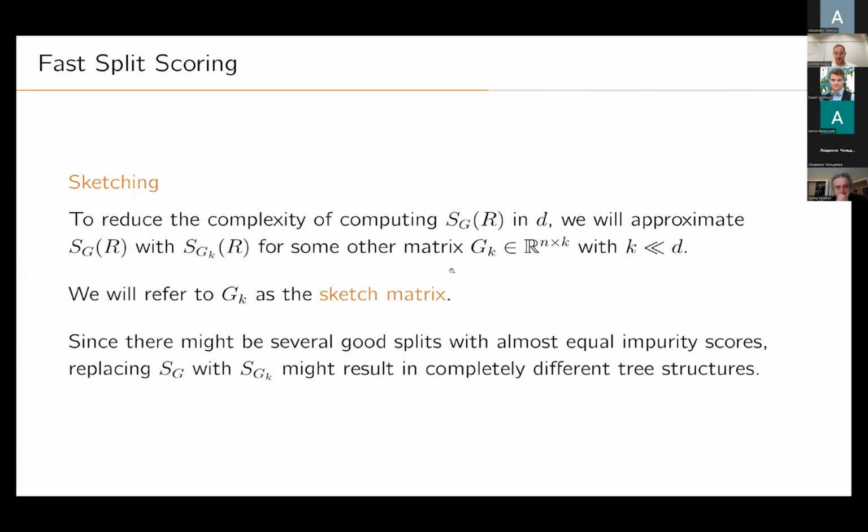All right, so our goal is to replace G with G_k, a matrix with fewer columns, so that we don't lose too much information. We want these functions S_j and S_jk to be close to each other. So after replacing the full gradient matrix with its sketch, we want these functions to behave similarly, to have similar values.